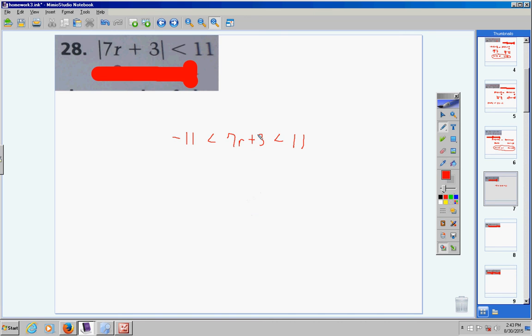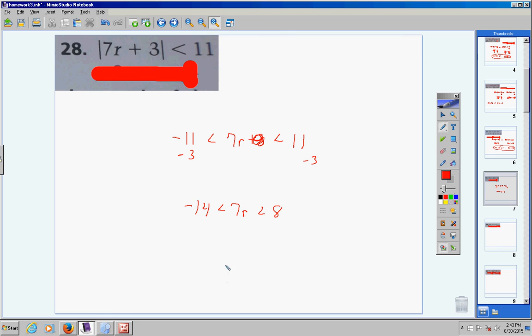Alright, we want to get r by itself, so we have to get rid of the 7 and the 3. We get rid of the 7 last as the coefficient, so we get rid of the positive 3 first. Positive 3 here, or negative 3 here. Negative 3 here. When you move the positive 3 out, the signs change, so you're left with negative 14. There we go.